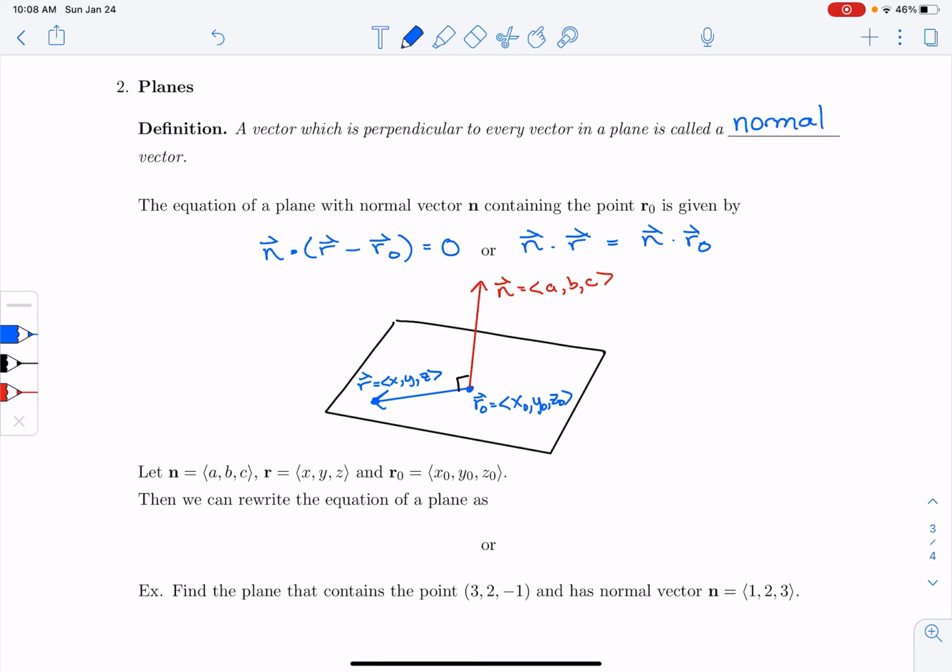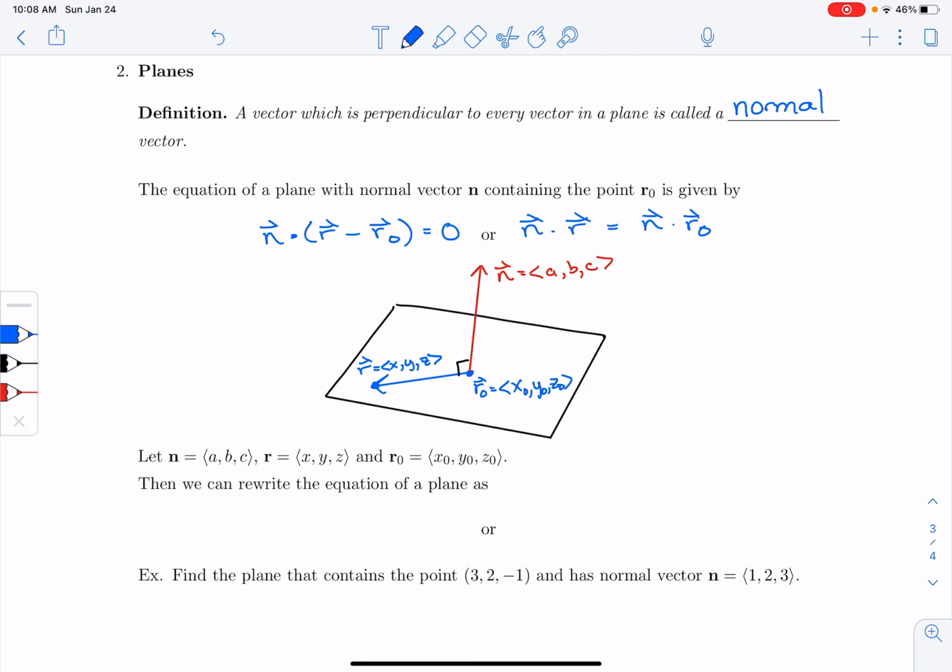Now, let's see what this looks like if we expand it out with coordinates. So first, I'm going to take n dot r minus r0. What does that look like? Well, if I take n and dot it with r minus r0, let's remember that r minus r0 is going to be x minus x0, y minus y0, z minus z0.